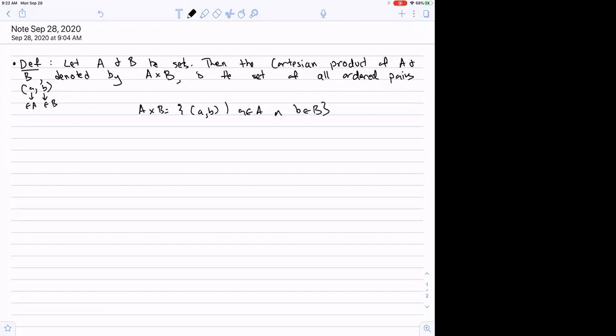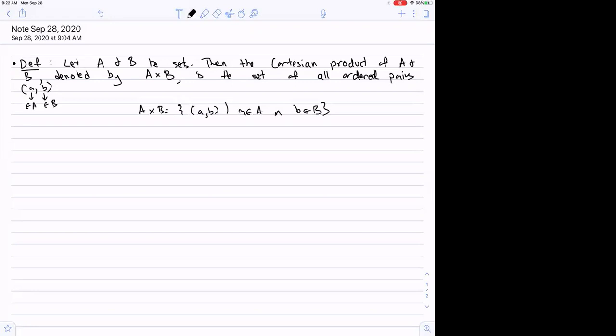We can also do this for more than two sets, like the Cartesian product A cross B cross C. We just extend the definition so that it works for A cross B cross C.